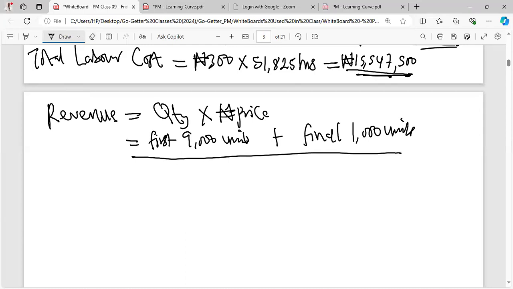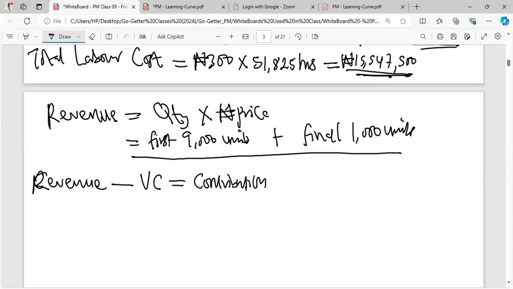So we know that, contribution, sorry, let's move like this. Revenue minus variable costs will give us contribution, right?